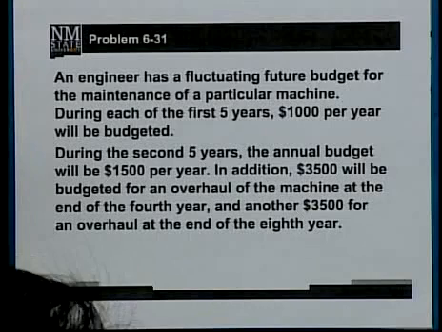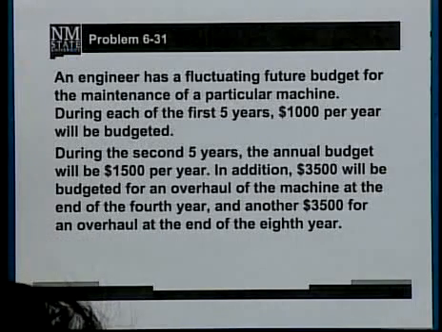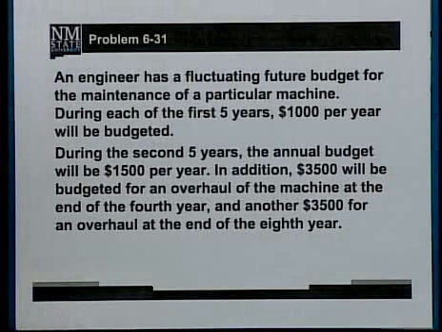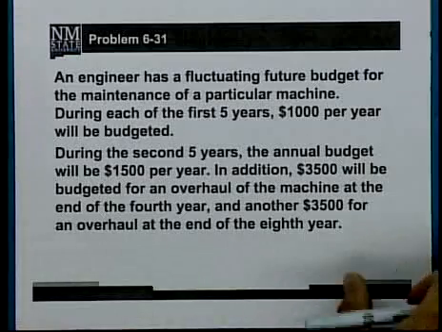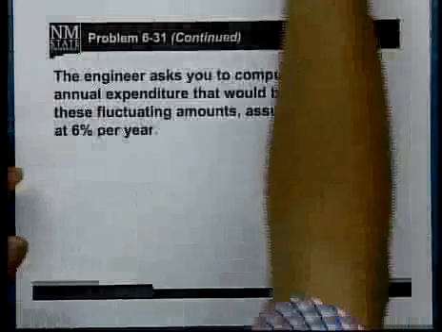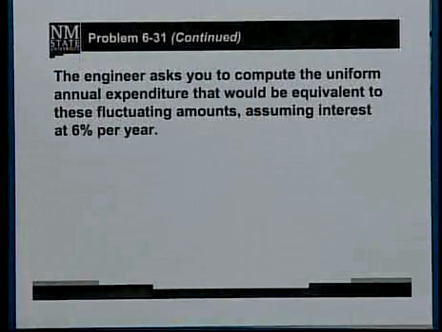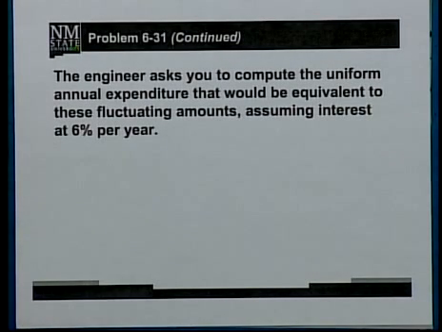In addition, $3,500 will be budgeted for an overhaul of the machine at the end of the fourth year, and another $3,500 for an overhaul at the end of the eighth year. The engineer asks you to compute the uniform annual expenditure that would be equivalent to these fluctuating amounts. And we are assuming that the interest rate is 6% per year.